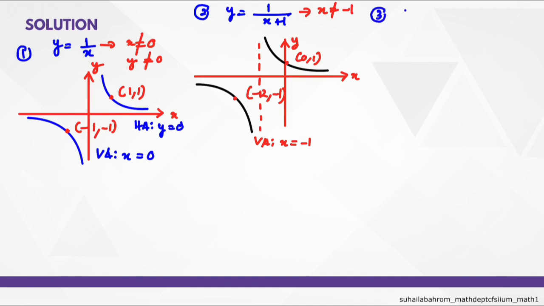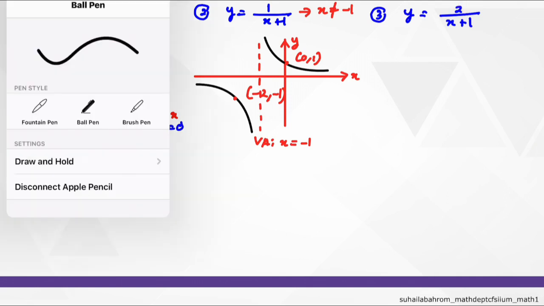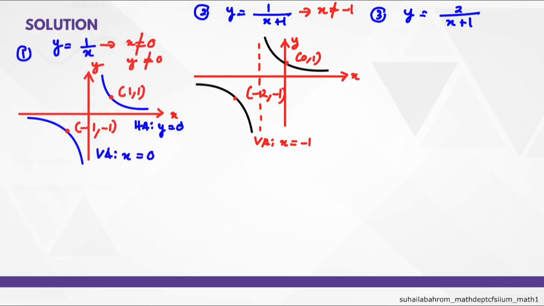Then the next graph refers to the function y equals 2 over x plus 1. Just now we discussed that there is a stretch vertically by a factor of 2. Let me put here the original coordinates from the previous graph. We have the points 0, 1 and -2, -1.